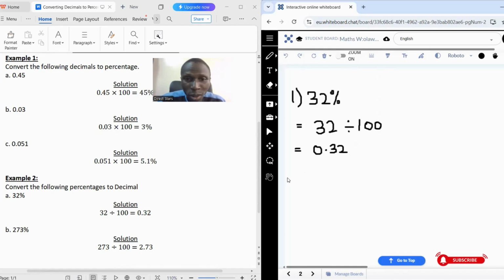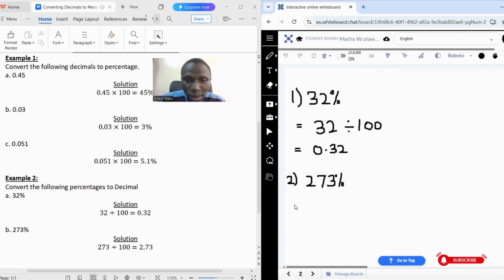And the last example that we're going to look at in this class, we are asked to convert 273% to a decimal. Let's convert this to a decimal. So the same thing that we looked at in the first example, we just have to divide this by 100.